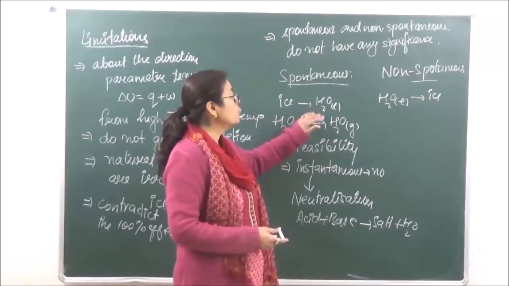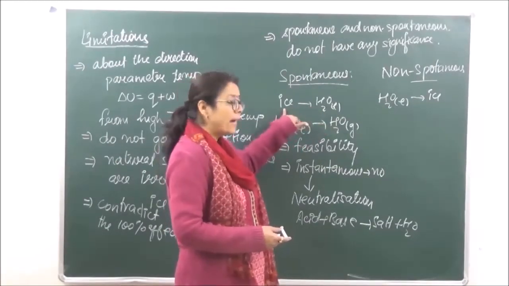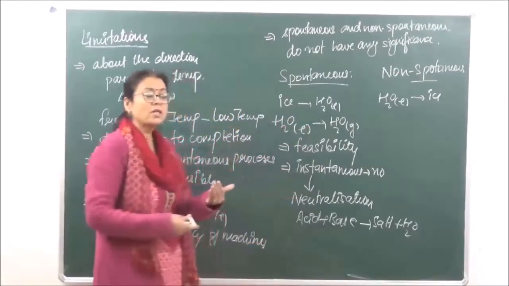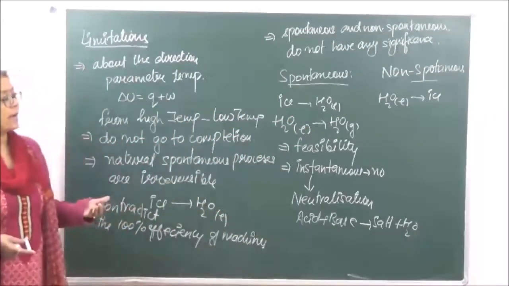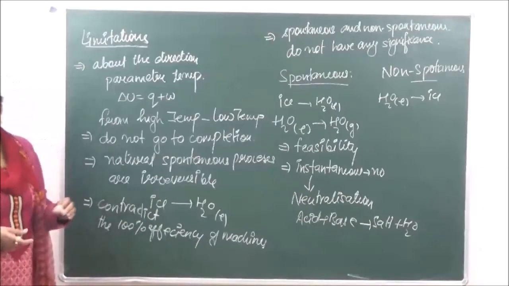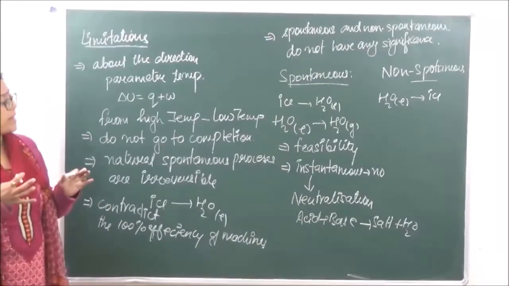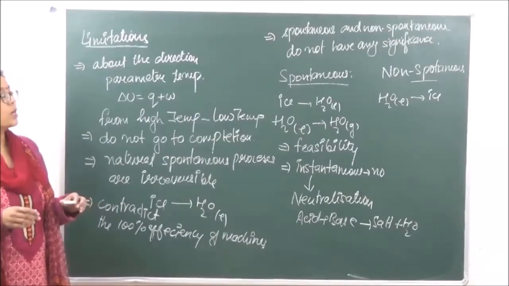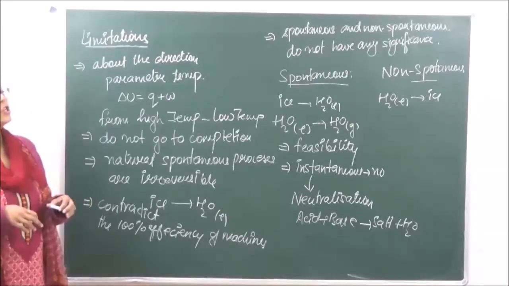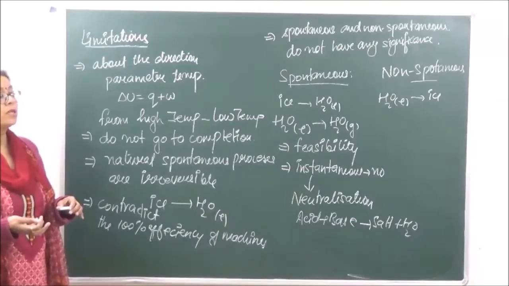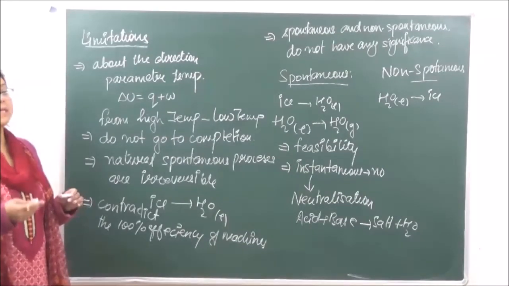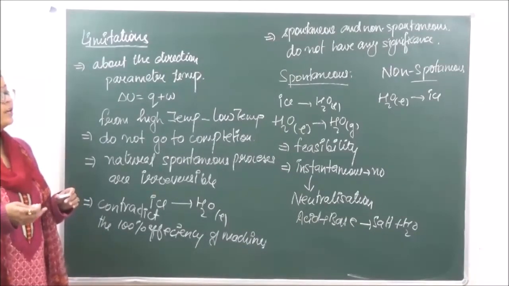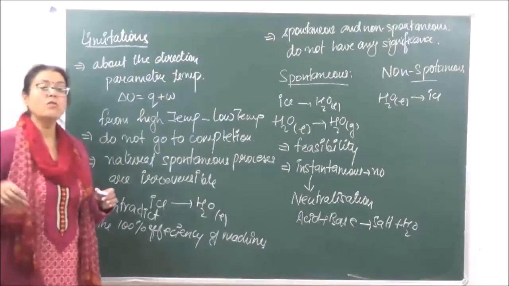In order to change liquid into ice, we have to change the conditions for it to happen. So there are many reactions which are spontaneous, which are irreversible, which do not go to the state of equilibrium. The state of equilibrium is attained only by changing the set of conditions.